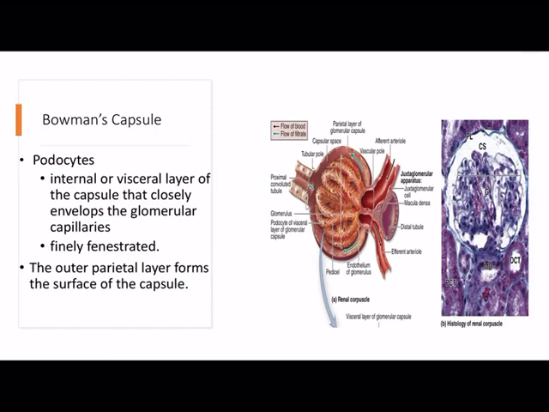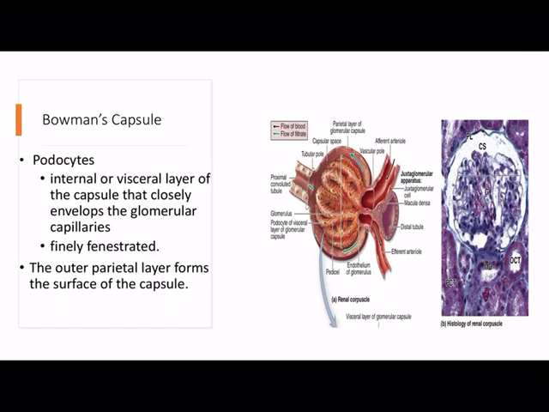Your Bowman's capsule has the podocytes. This is the internal or visceral layer of the capsule that closely envelopes your glomerular capillaries, and this is finely fenestrated. And also it has your parietal layer, which forms the outer surface of your capsule.